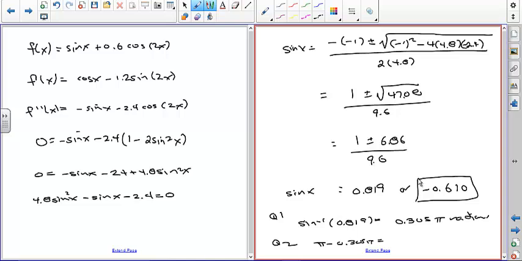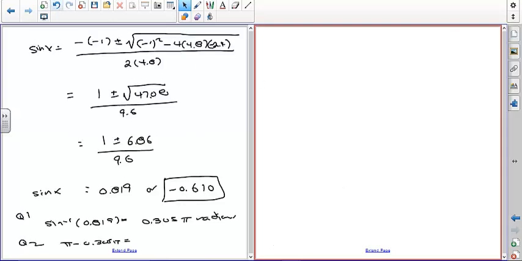So you take the inverse sine of 0.610, and then divide by pi, you would get 0.209 pi.